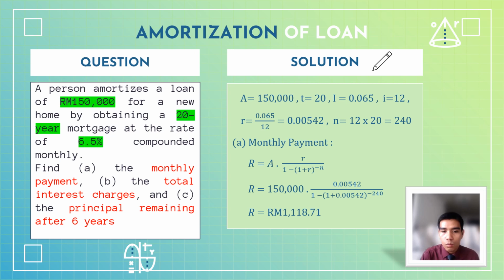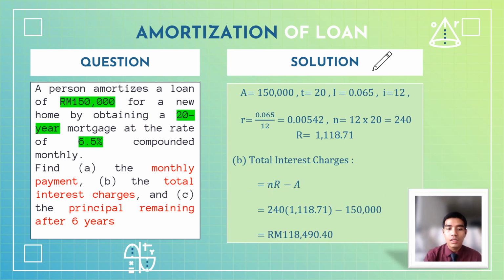A equals 115,000 ringgit and i equals 0.065 divided by 12 to find the rate for 1 month, and we get 0.00542. n equals 12 multiplied by 20 because the whole year has 12 months, and we get 240. After we get the amounts of A, i, and n, we substitute them into the formula of periodic payment. After calculating, we get that R equals 1,118.71 ringgit.